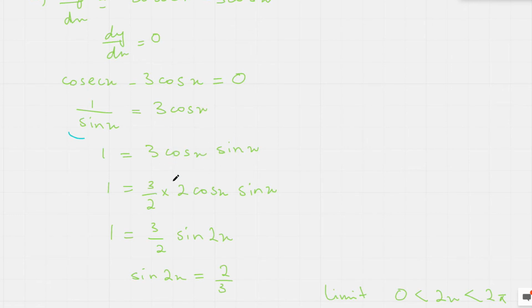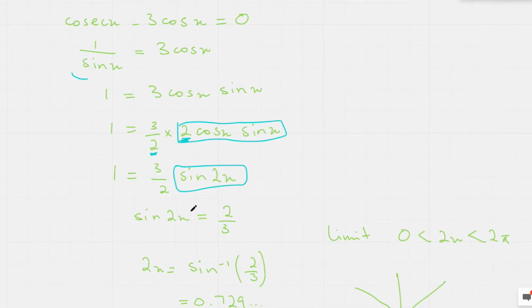So I'll multiply and divide the right hand side by 2, which does not make a difference because I'm just multiplying by 1 basically. So now I have 2 cos x sine x. Now this part, 2 cos x sine x, can be written as sine 2x. So 1 equals 3 over 2 sine 2x.